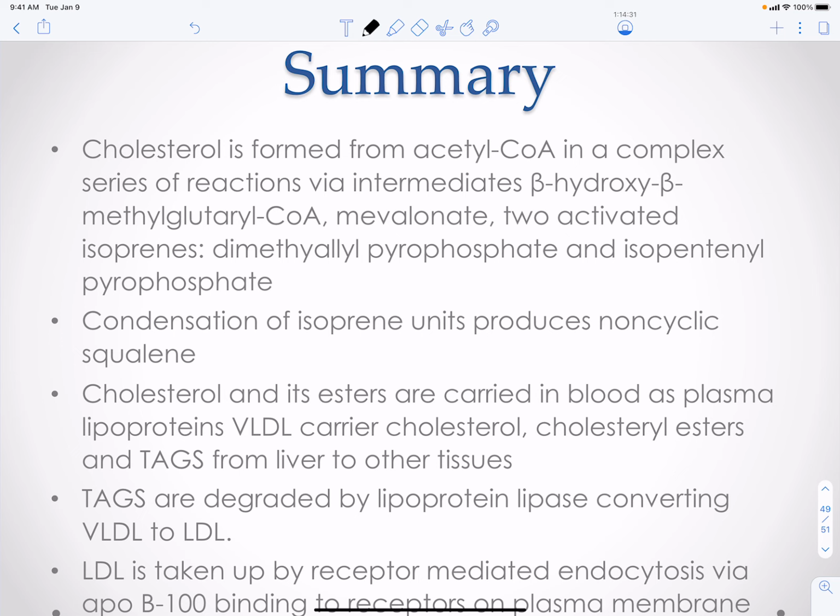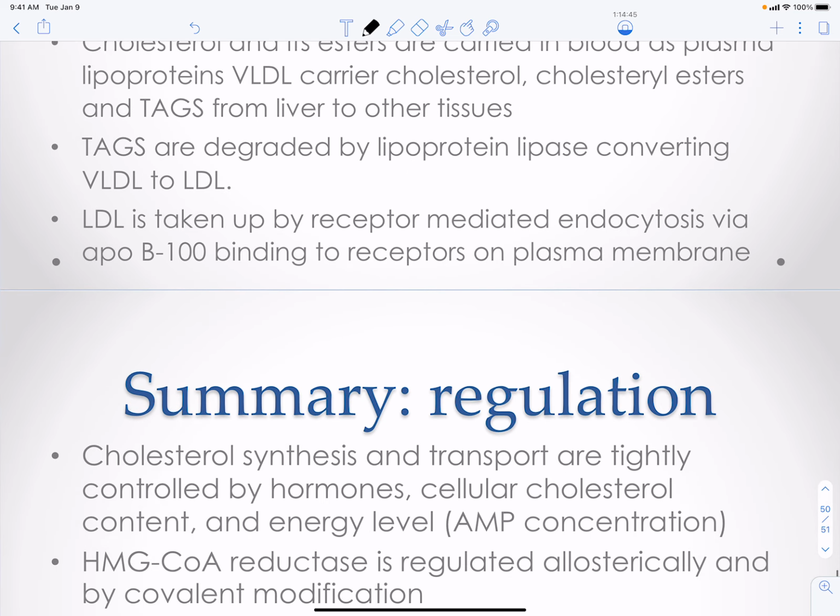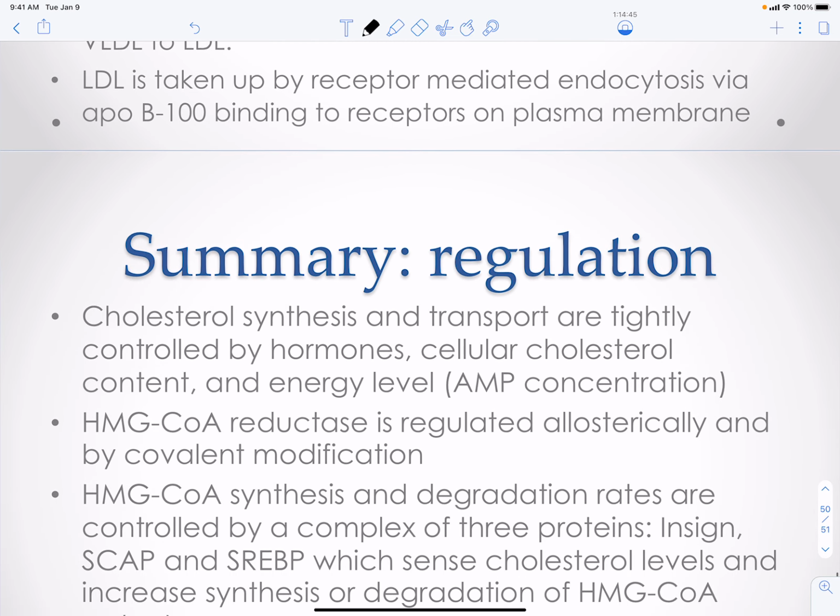That's going to be packaged in your lipoprotein particles. You have different lipoprotein particles, chylomicrons for diet, VLDLs for excess carbons, energy. HDLs are going to be made to mature your VLDLs and nascent chylomicrons. You're going to have your VLDLs break down to IDLs and LDLs.